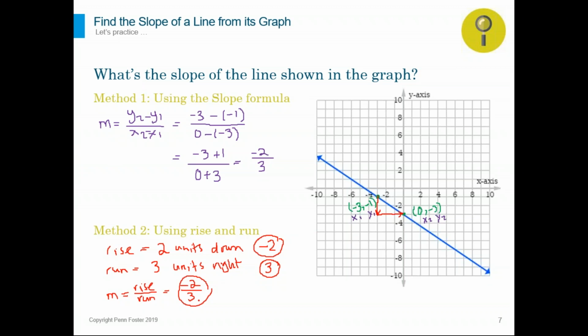You just put them in fractions, and if you have to simplify, you can. If not, like our case here, then that would be your final answer. This is the slope. This is a second method. You can use a second method to check your first method. If you'd like to go with the traditional way, and you want to just make sure that you have the right slope, you can do that second method just to make sure.